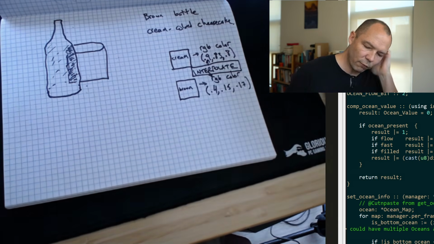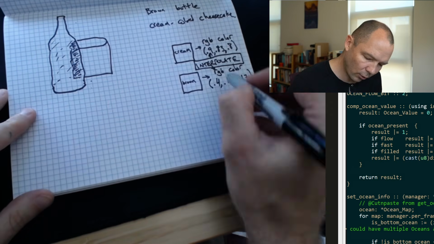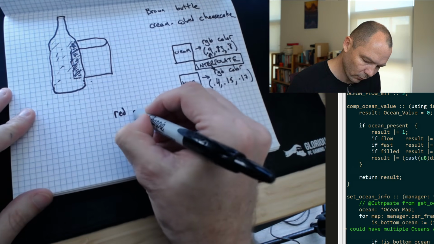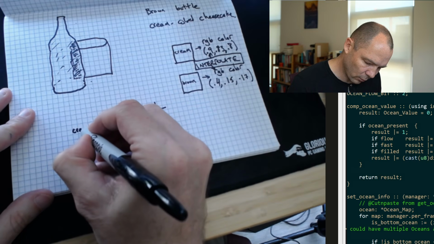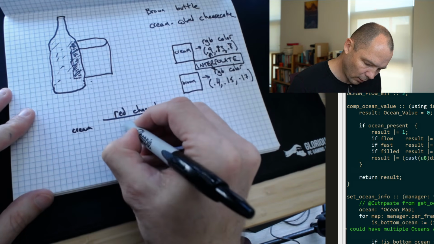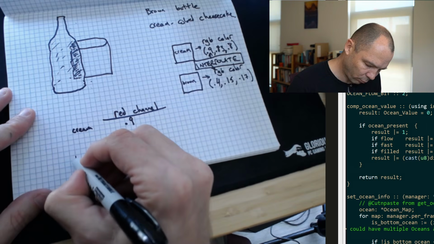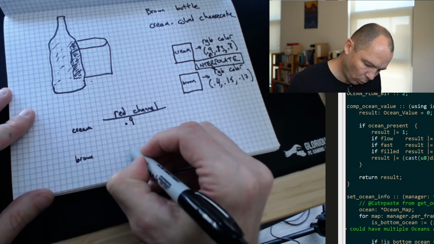That's a very simple mathematical thing. So let's take the red channel of the color. The red channel of cream is 0.9, and the red channel of brown is 0.4.